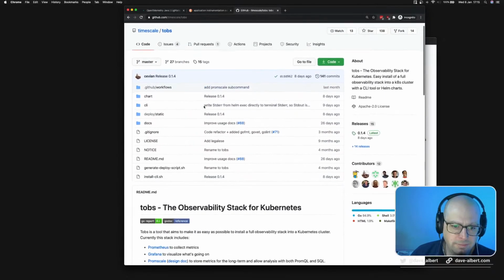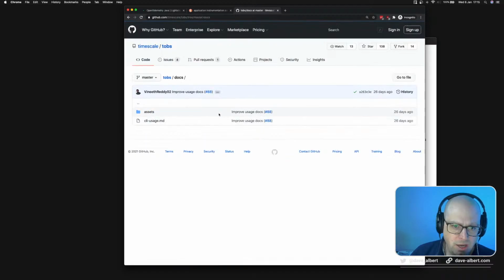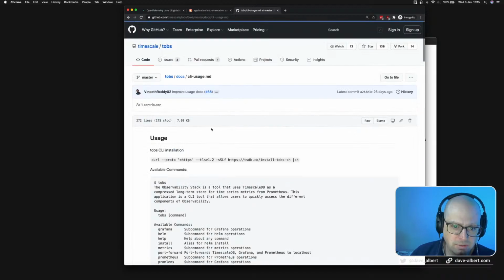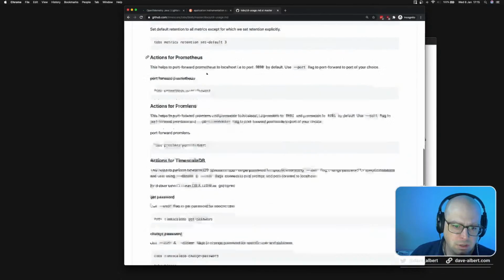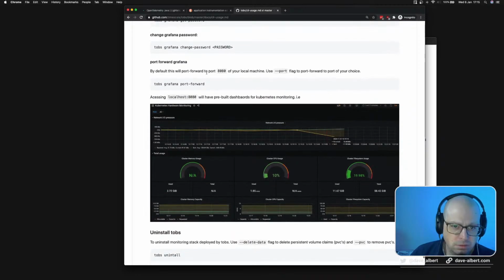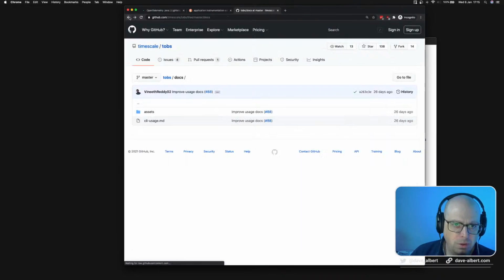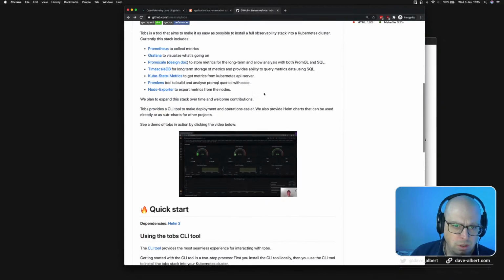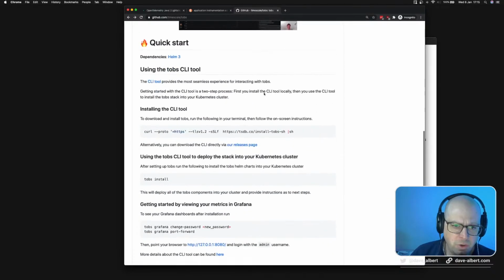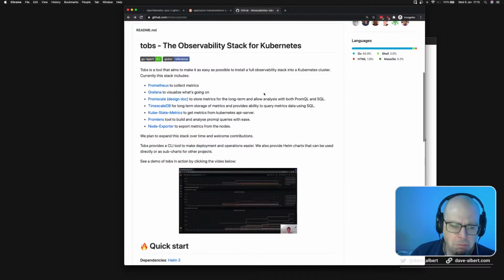Alrighty. Any examples in the docs? Any docs? CLI usage. I mean, I guess it's just going to create and forward those into whatever Kubernetes cluster you have to monitor your Kubernetes. That could be really interesting, I suppose.